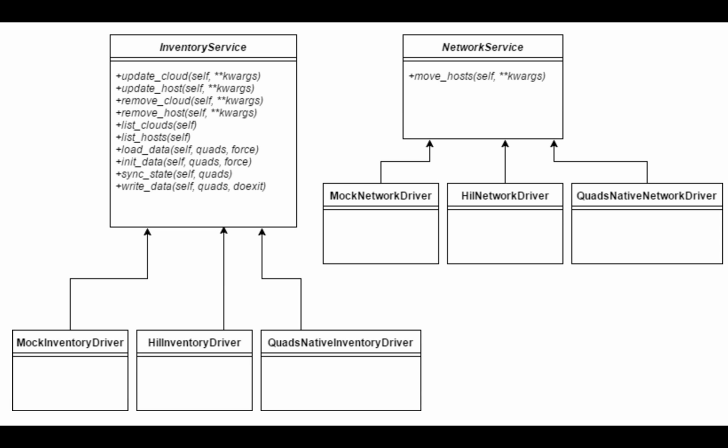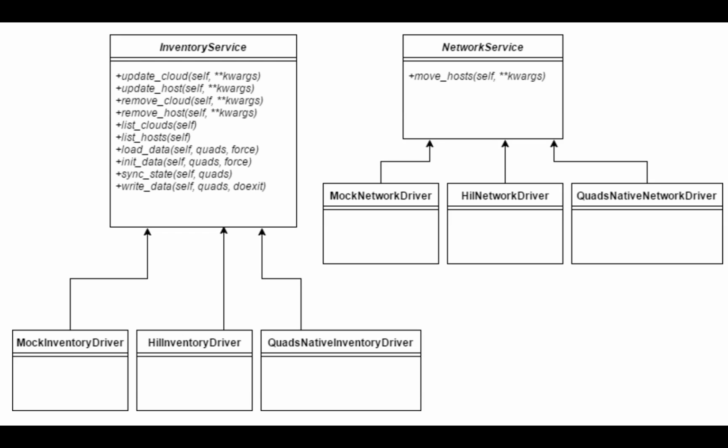So we decided to refactor our one hardware service abstraction into two different abstractions, an inventory service and a network service. The inventory service dealt with all of the inventory specific behaviors, and the network service dealt with actually moving the nodes from one logical network to another. That way there was a clear distinction between the desired behaviors.